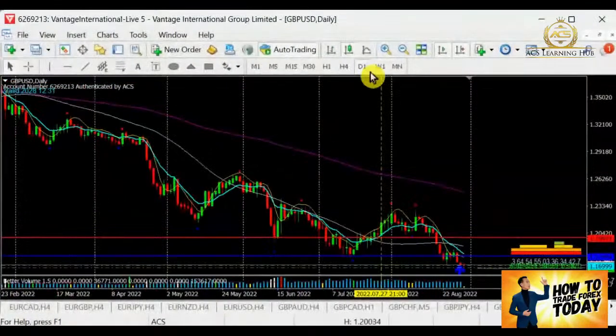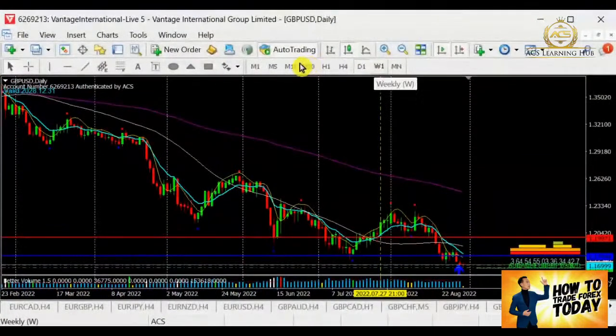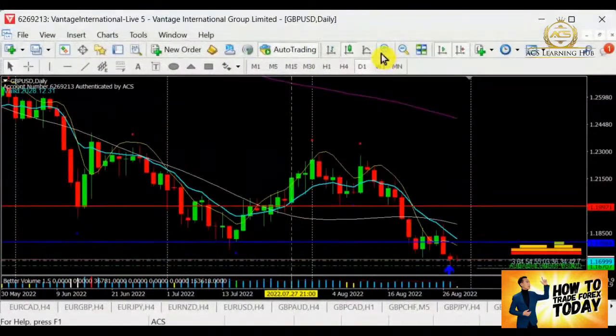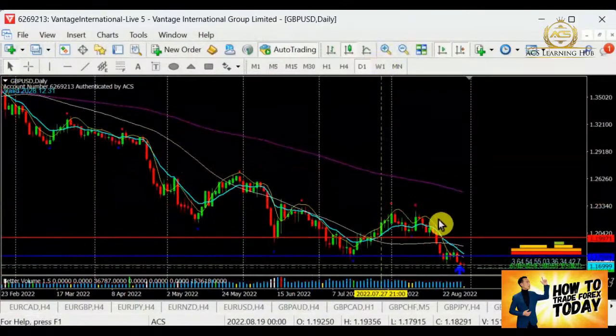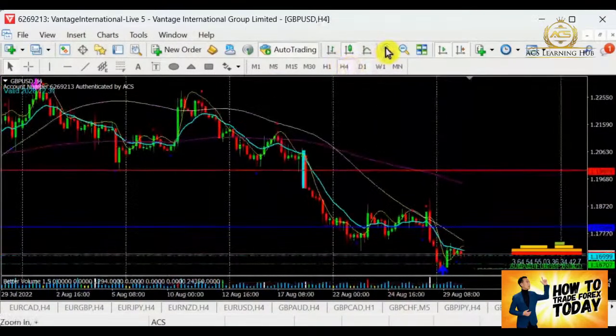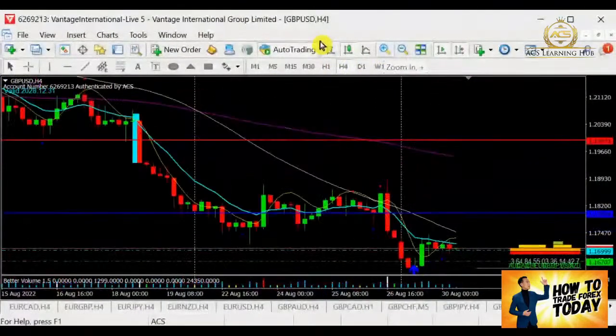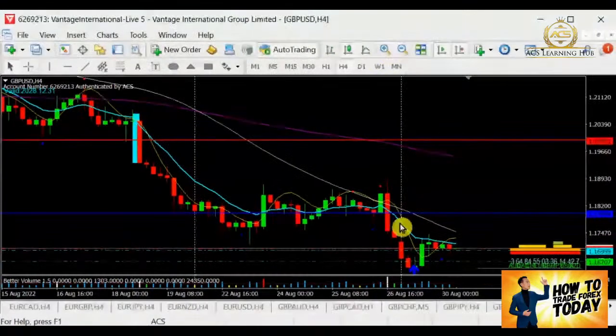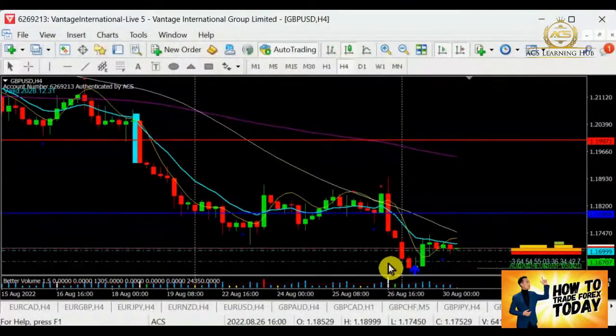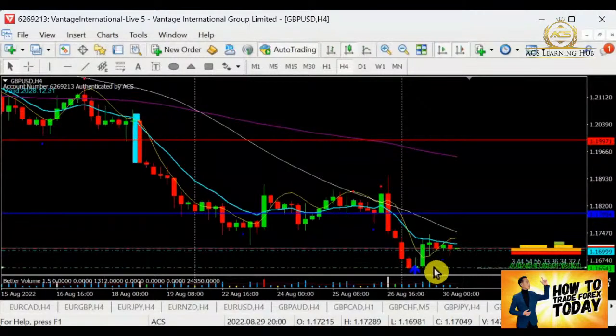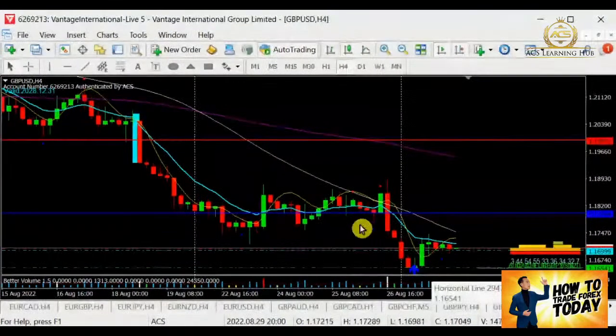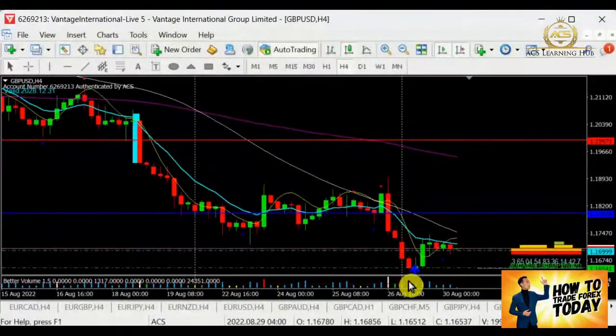All right, so pound dollar. Let's take a look at pound dollar. Well, pound dollar today, we are in the bear. We are still in the bear. Will this bear have a support to actually push up higher? Well, the bear has entered and met up with the support, which is over here. And right now, as I can see, the price escalated and hovered around there.